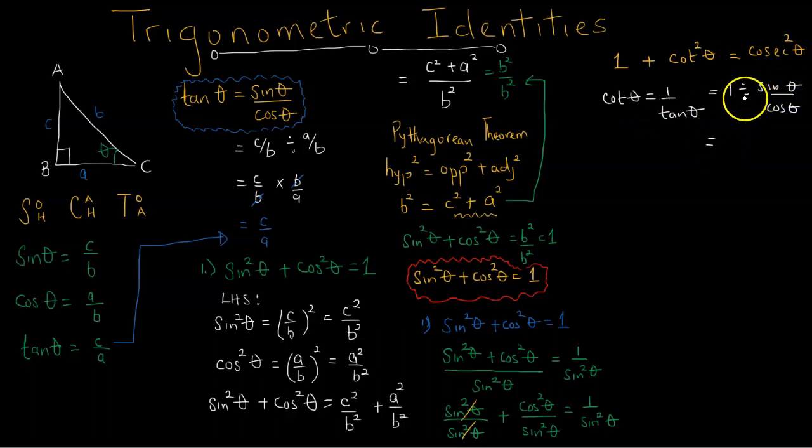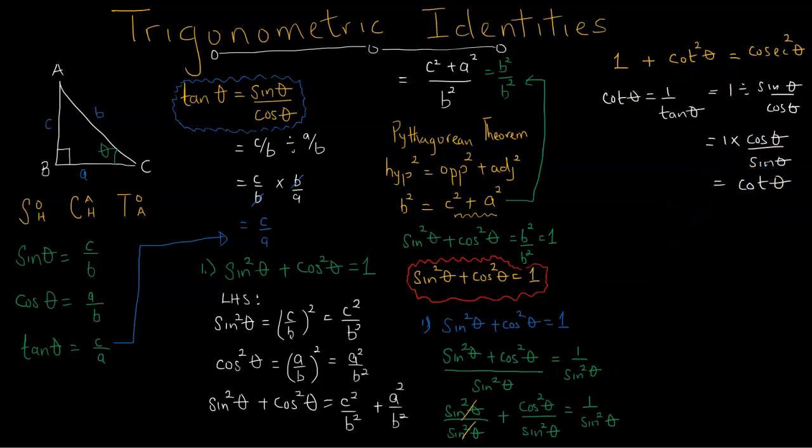Now, dividing this, I need to change the division to a multiplication and flip the fraction on the right. So this is 1 times cos theta over sine theta. And we know what cos theta over sine theta is. That's cot theta. So if cos theta over sine theta is cot theta, definitely cos squared theta over sine squared theta would be cot squared theta.